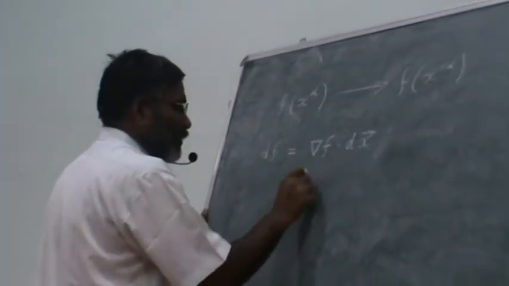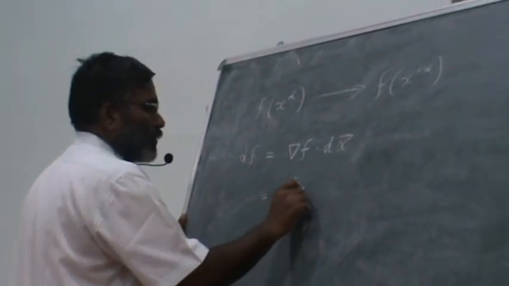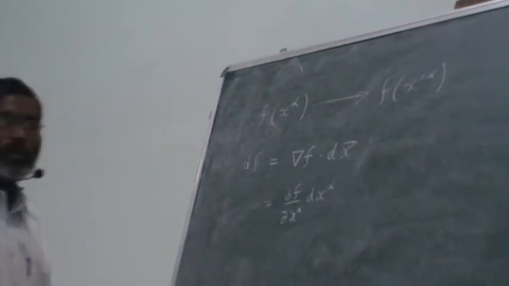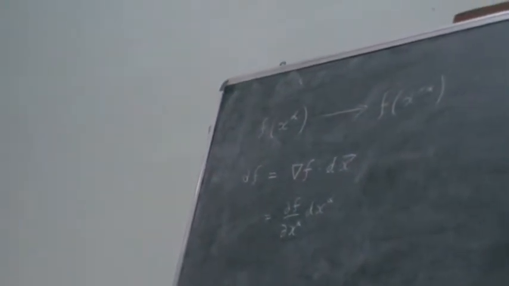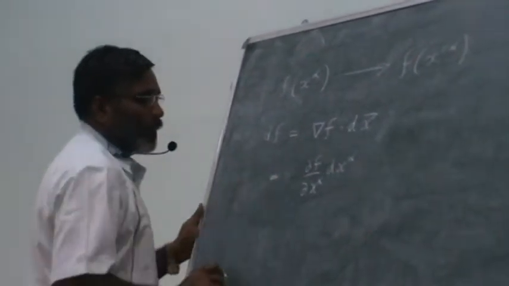Okay. Why? This is because this can be written as dou f by dou x alpha times dx alpha, summed over alpha. This is equal to dou f by dou x alpha into dx alpha.